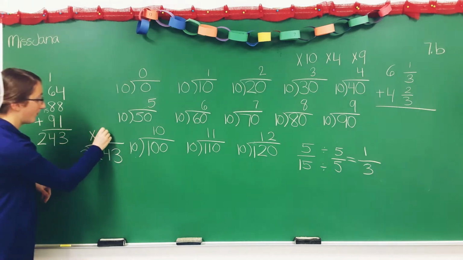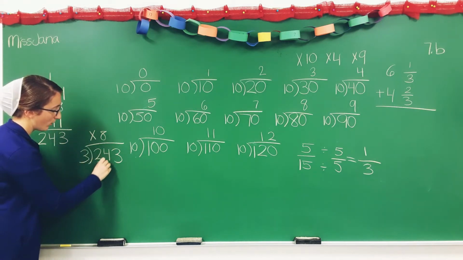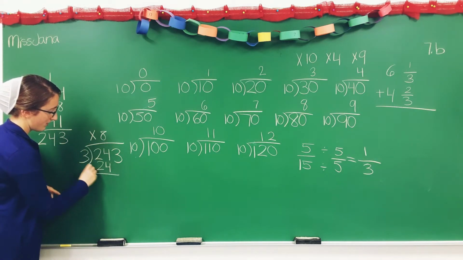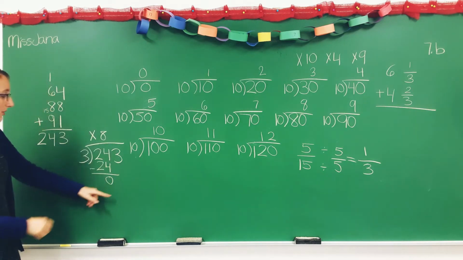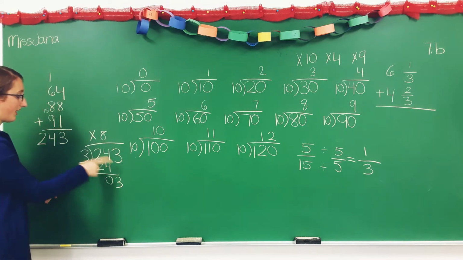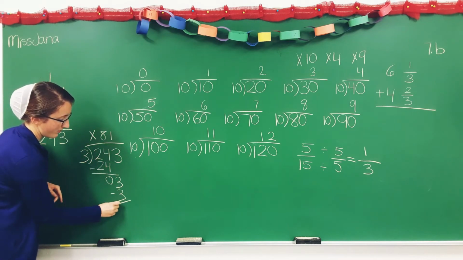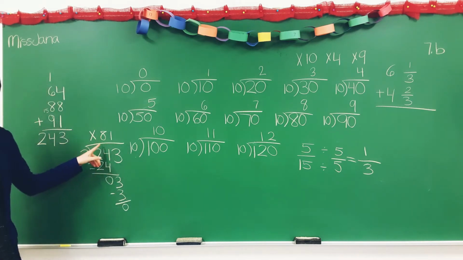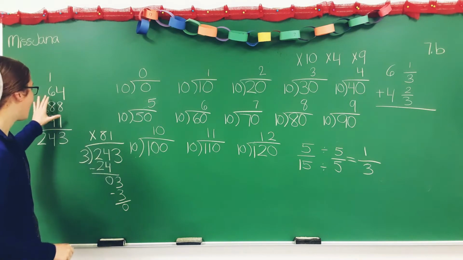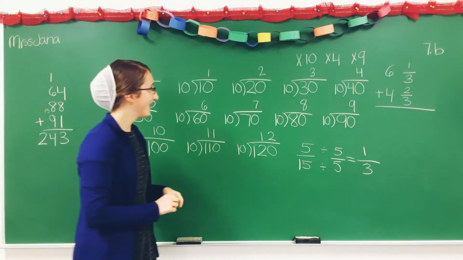So 8 times 3 is 24. And then we bring down the 3. Next step, 3 divided by 3 is 1. So 81 is the average of these 3 numbers.